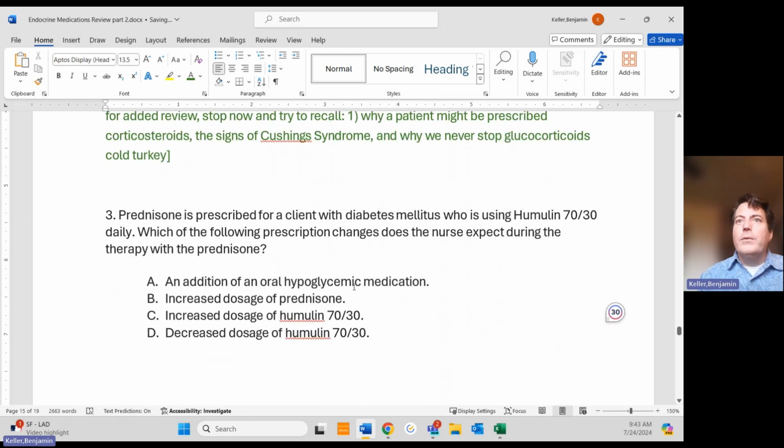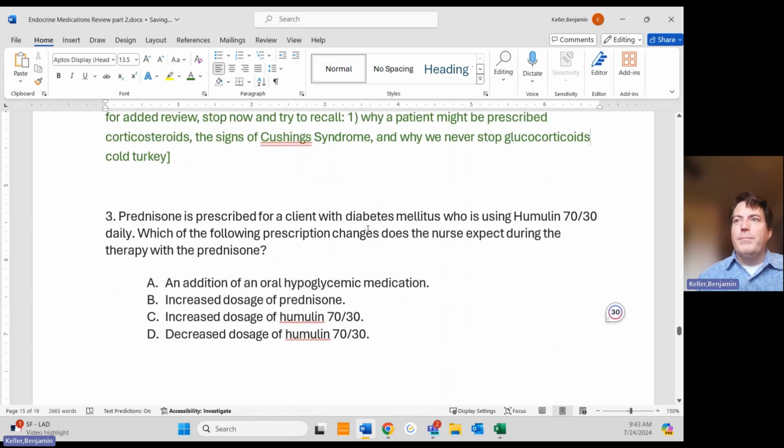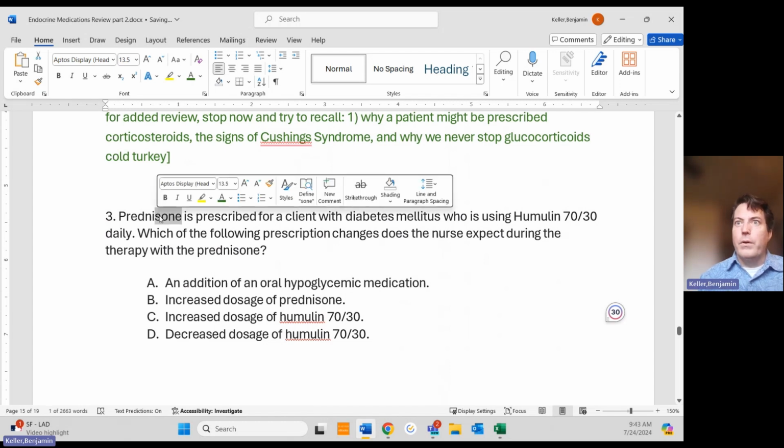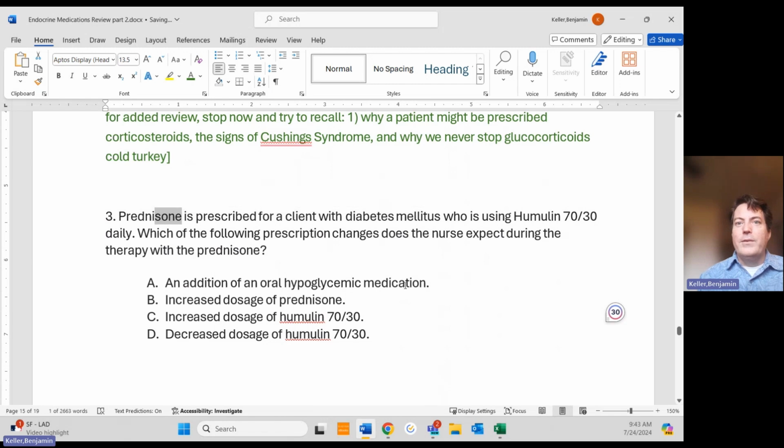All right. Number 3, prednisone is prescribed for a client with diabetes mellitus who is using Humulin 70/30 daily. Which of the following prescription changes does a nurse expect during therapy with prednisone? Well, what do we know about prednisone? Prednisone is a what? SONE. It's a glucocorticoid, right? And so what do glucocorticoids do?